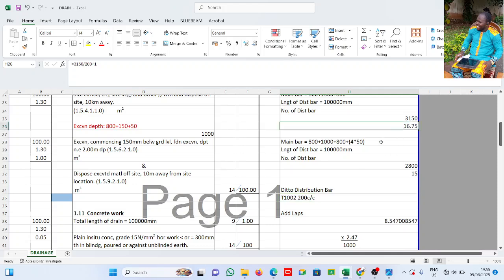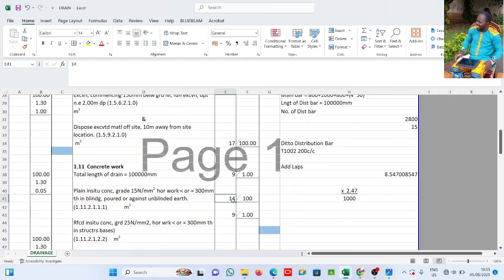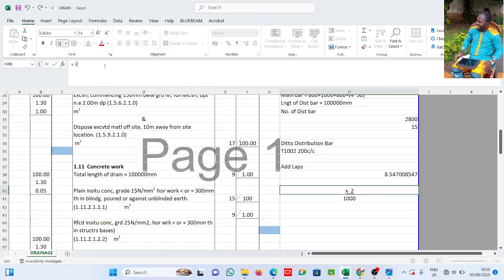The total number here is 17 numbers, and the total number here is 15 numbers. And this is 0.616 for 10 mm. Another person says 617.